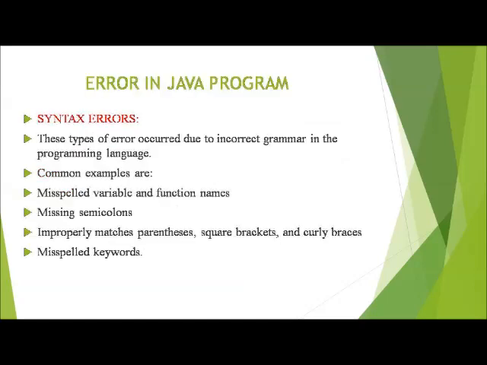Types of errors in Java. Syntax errors. These types of errors occur due to incorrect grammar in the programming language. Common examples are misspelled variable and function names, missing semicolons, improperly matched parentheses, square brackets, and curly braces, misspelled keywords.